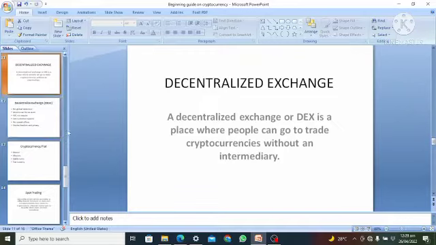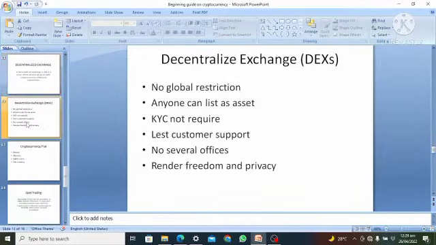So what are these features? We looked at the features of centralized: they have an office, KYC is a must, not optional, and customer support. So what are the features in decentralized exchange? One, no global restriction.